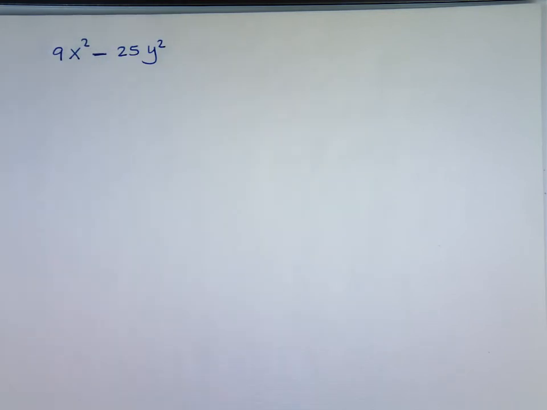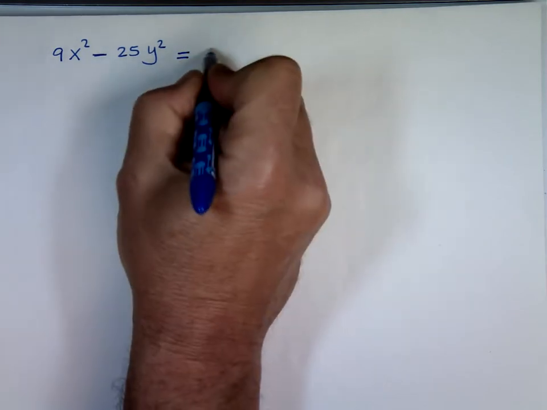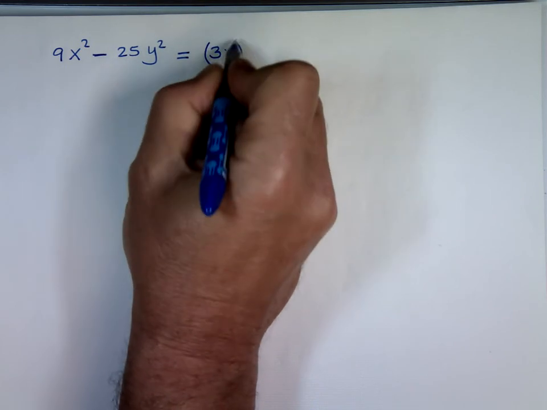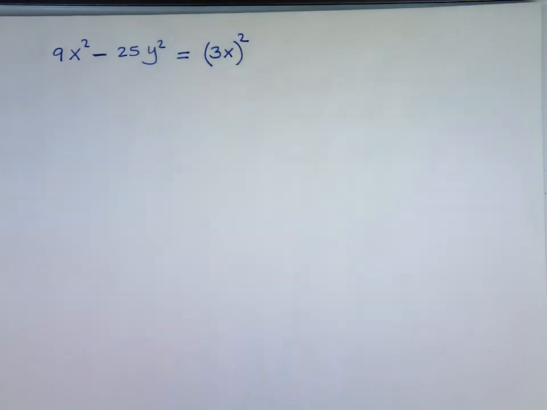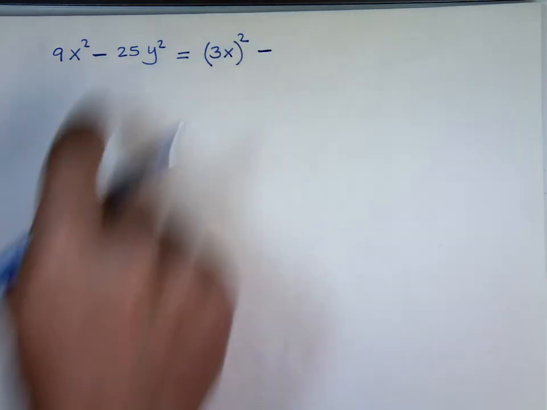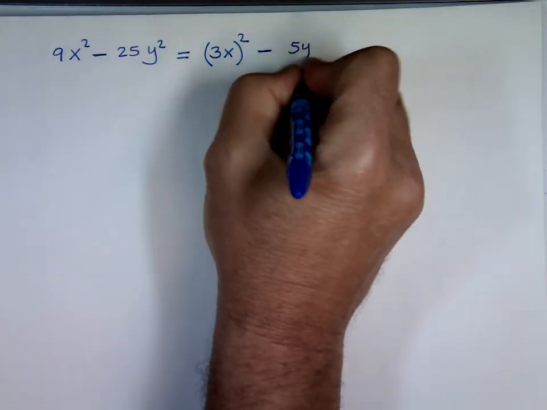Well, the 9x squared, I can rewrite that as 3x, because 3 squared is 9, the whole thing squared, minus 25, which is actually 5 squared, so I can write that as 5y, the whole thing squared.